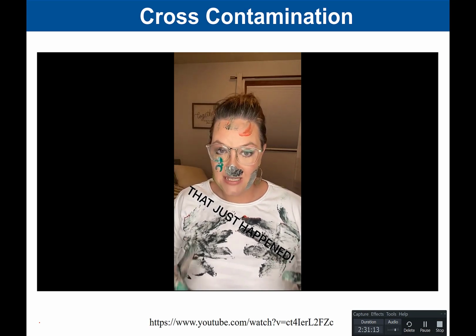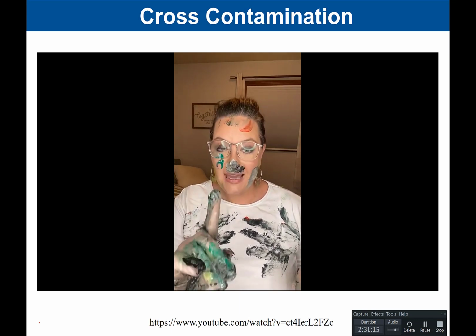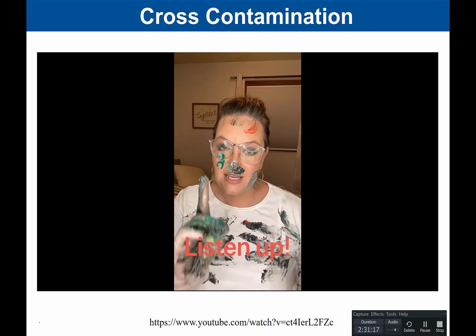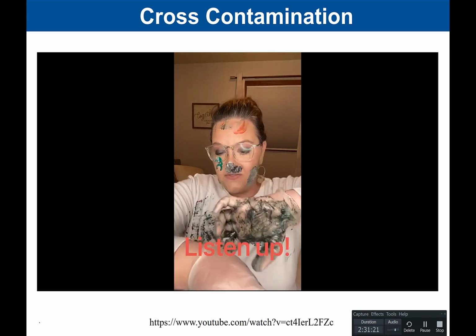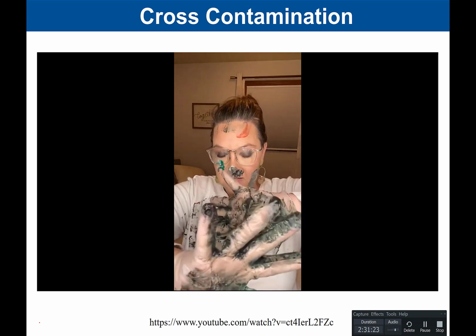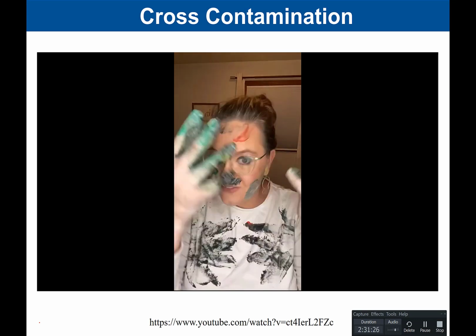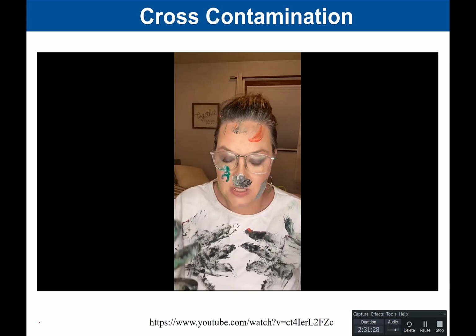While I'm on the topic of cross-contamination, there is one way and one way only, which is the proper way, to take gloves off and dispose of them. If you put this glove anywhere on your skin, that's contaminating, which obviously I've done by touching my face as a visual representation.